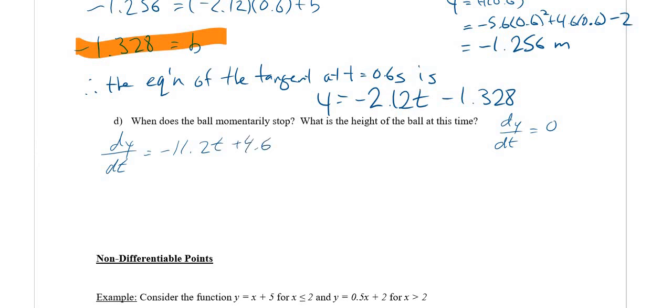But we're going to take that dy by dt and replace it with 0. So rearrange this, move the 4.6 over, and we get negative 4.6 equals negative 11.2t, or t equals 0.41 seconds.